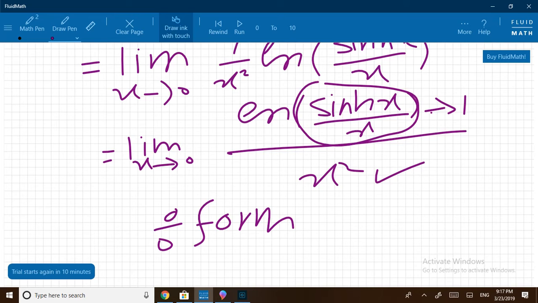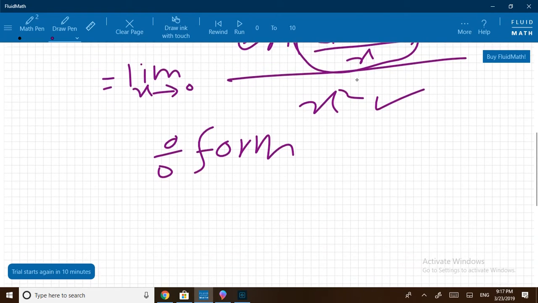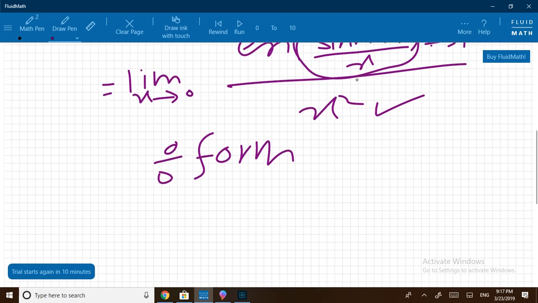So in order to remove this difficulty, 0 divided by 0 form, also called indeterminate form, we will use the L'Hopital rule. So what is the L'Hopital rule? We take the derivative of the numerator term and the derivative of the denominator term.